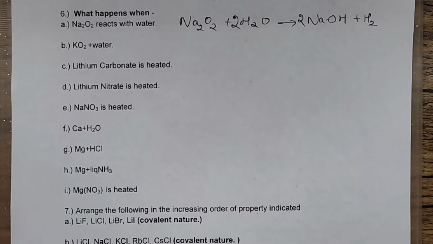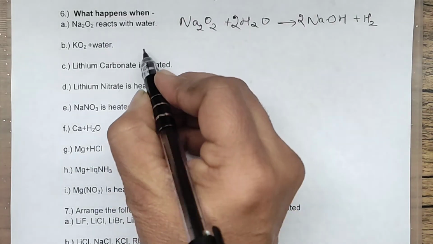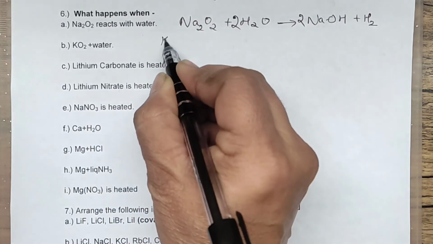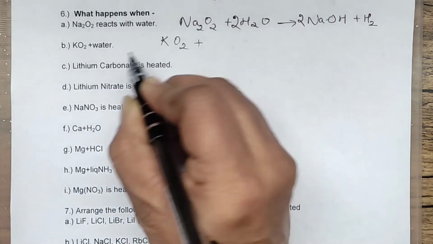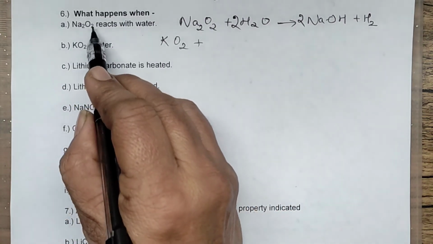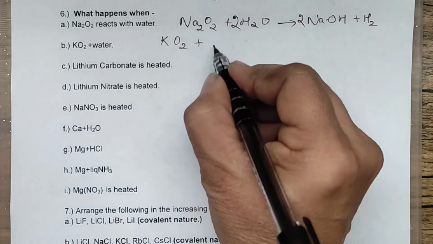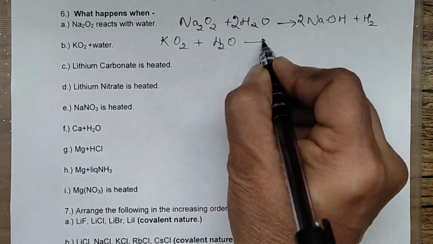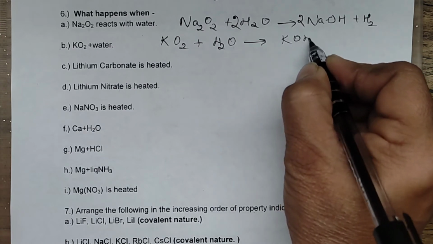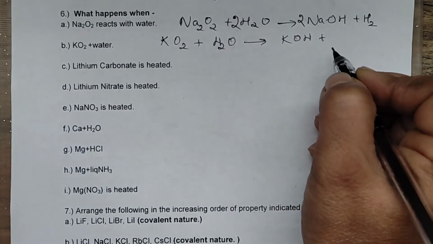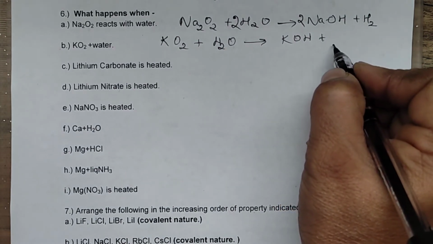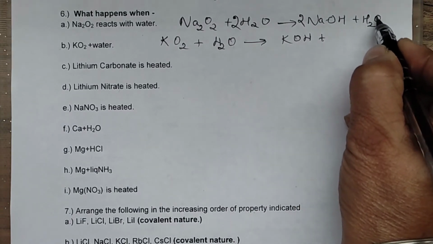Right? If superoxide is asked, say KO2, potassium superoxide, this is sodium peroxide, this is potassium superoxide. This with water will form the corresponding hydroxide plus, I think here, hydrogen peroxide.